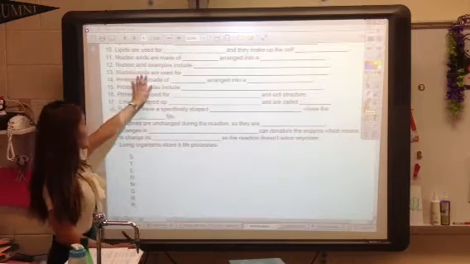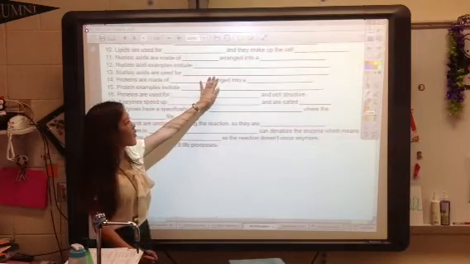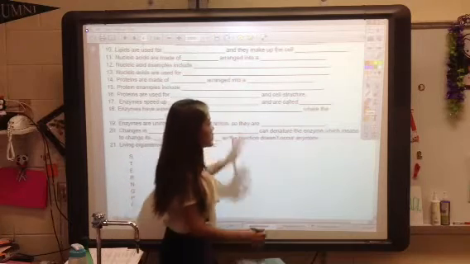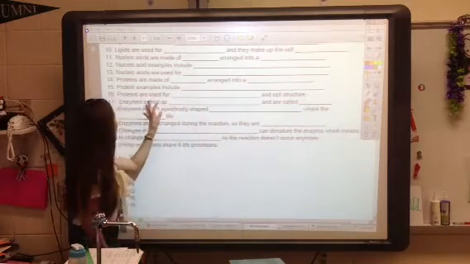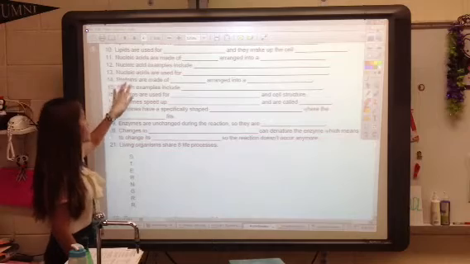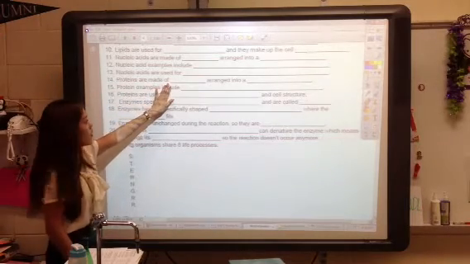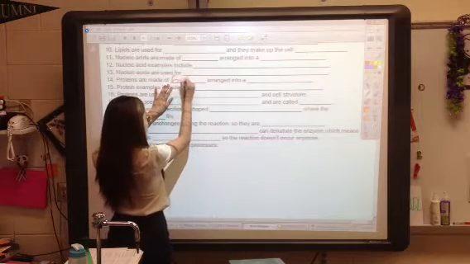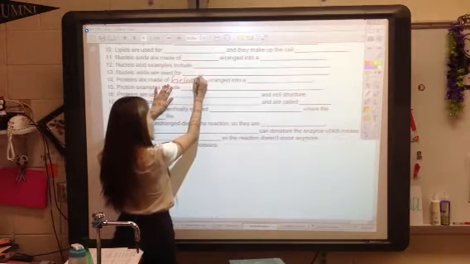Number 13, nucleic acids are used for, and I kind of already hinted to you above what they are used for. Number 14, proteins are made up of, and we want to think of the elements, and they can actually be made up of all 6 of those elements that we've talked about.